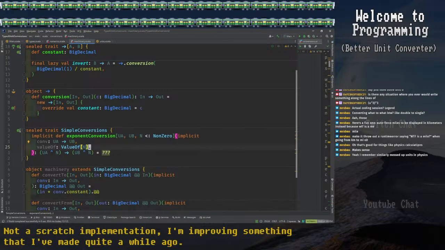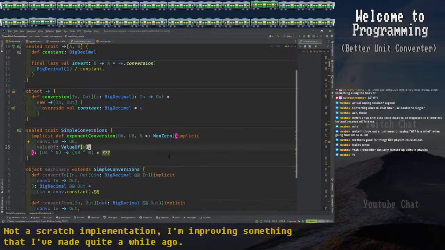So, let's see. If I do centimeter squared to meter squared, I have to divide by 100 twice. Yes, because I have to divide by 100 twice. So that is actually correct.